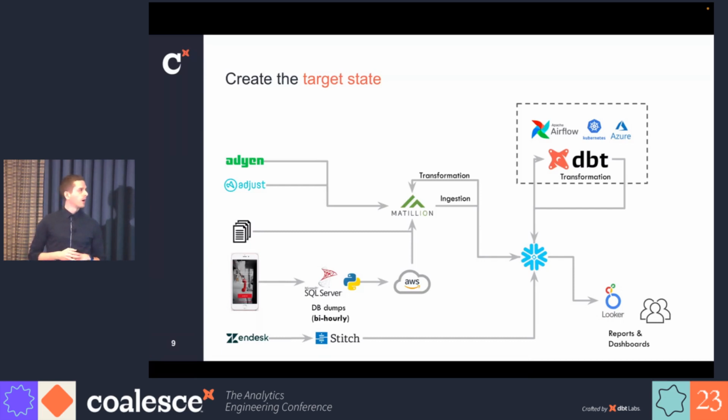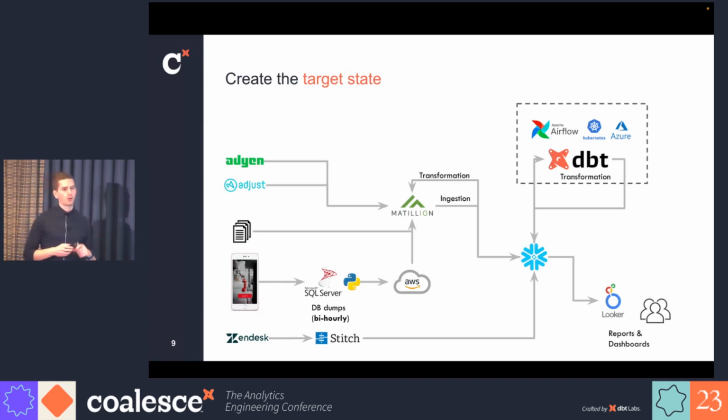From there, we went back to the drawing board, and from our architecture and all our pain points, which we clearly laid out, we decided to break down some of the components, most notably the extract and load versus transformation. So the first point was, like I mentioned earlier, it really makes no sense to have your transformation in two different places, right?